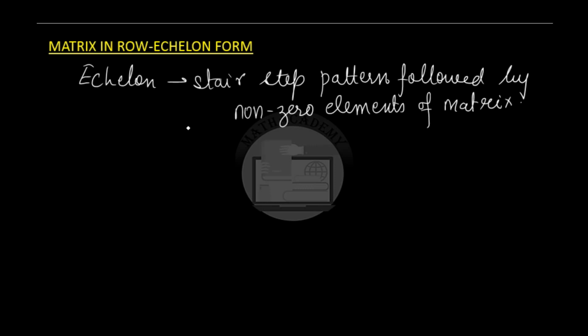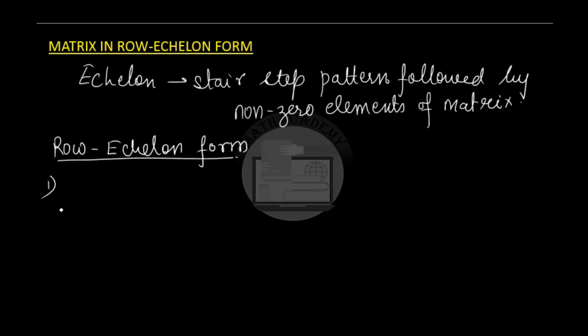And to bring a matrix into row echelon form, the matrix must have the following properties. So, if a matrix has to be in row echelon form, what properties does it need to possess?